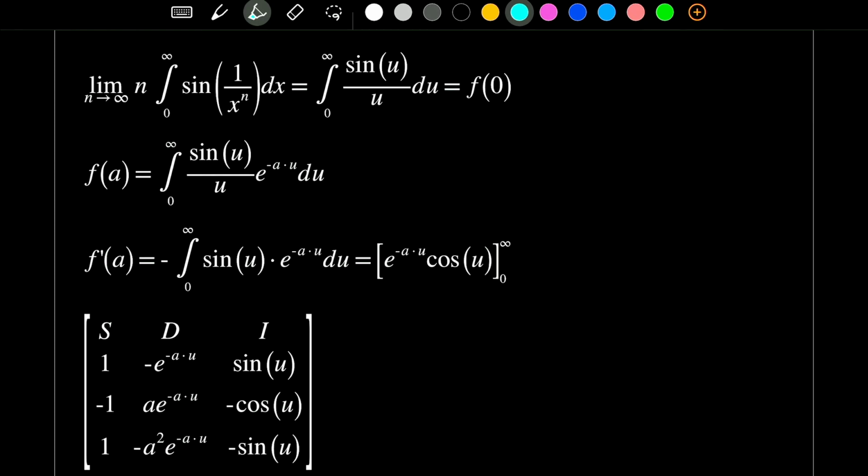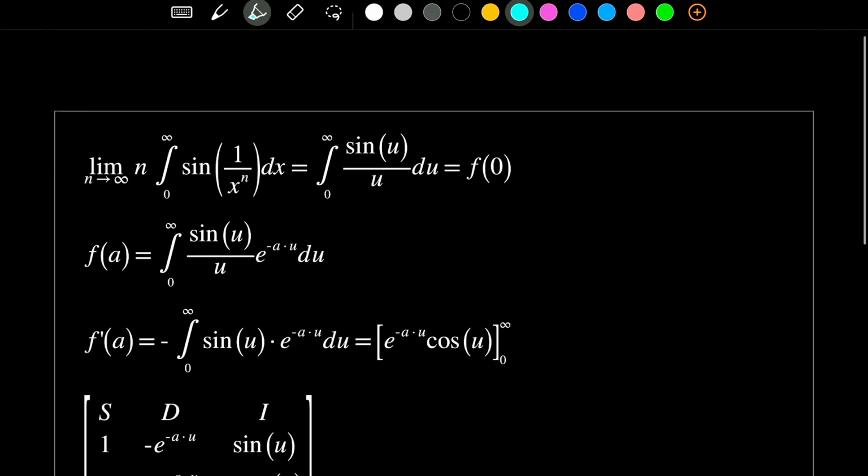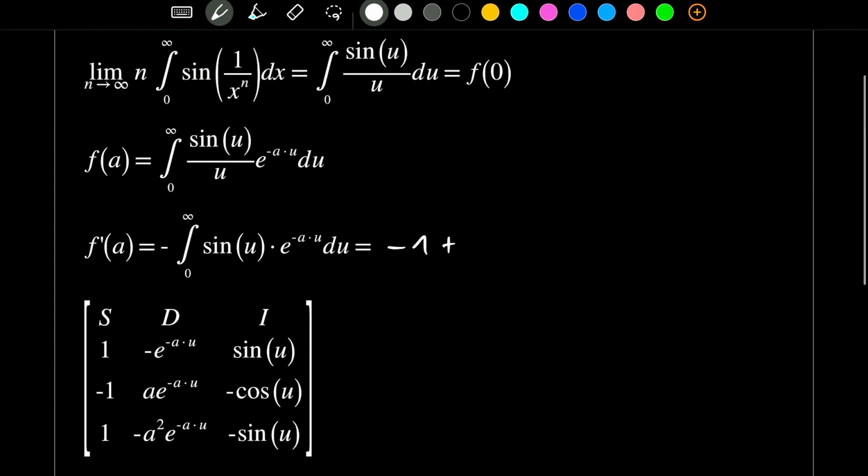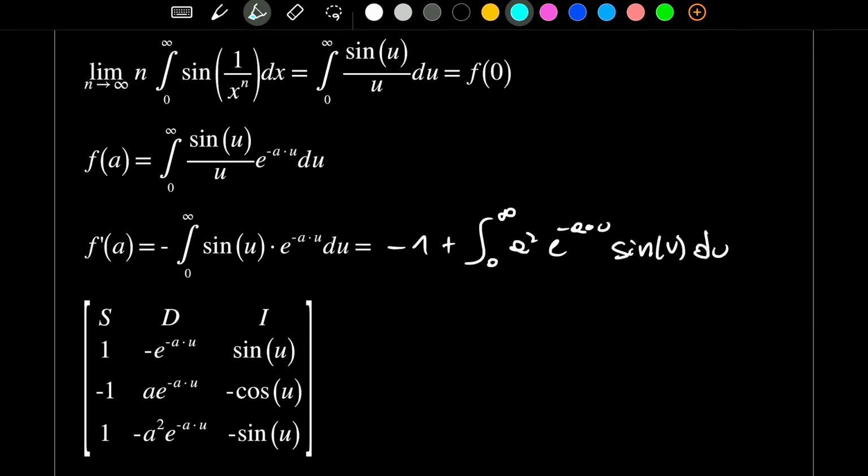So in essence, we're just going to get minus 1. The minus actually comes from this being the lower bound of this evaluation. So we're going to get minus 1 plus our integral from 0 to infinity, and then a squared times e to the power of minus a times u sine u. So again, notice that these minus signs have cancelled in this horizontal row.